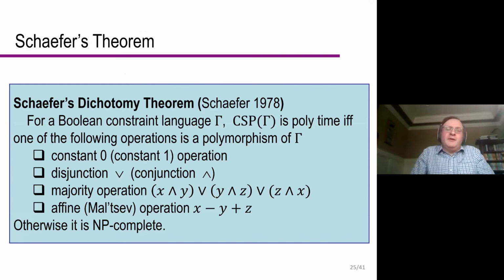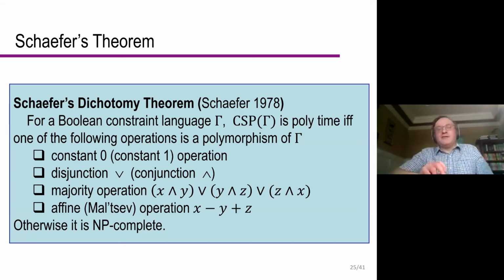He basically proved that this problem is polynomial time solvable if and only if one of four cases happens. First, a constant operation like constant 0 or constant 1 is a polymorphism of gamma. Disjunction or conjunction is a polymorphism of gamma. A majority operation is a polymorphism of gamma. Or the affine or multi operation is a polymorphism of gamma. In all other cases, the problem is NP-complete.